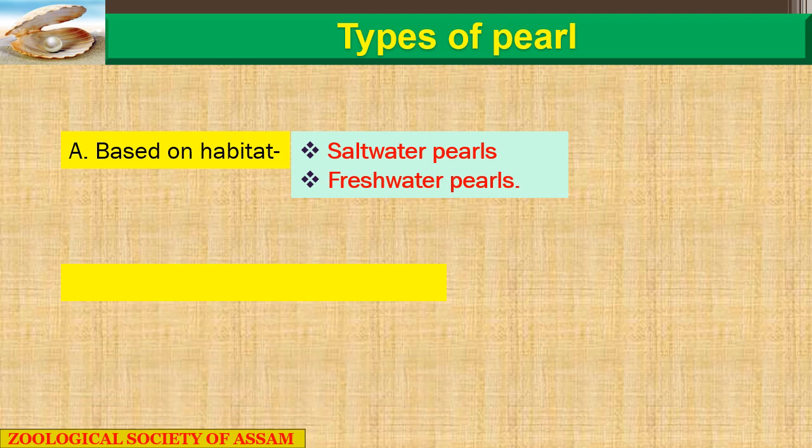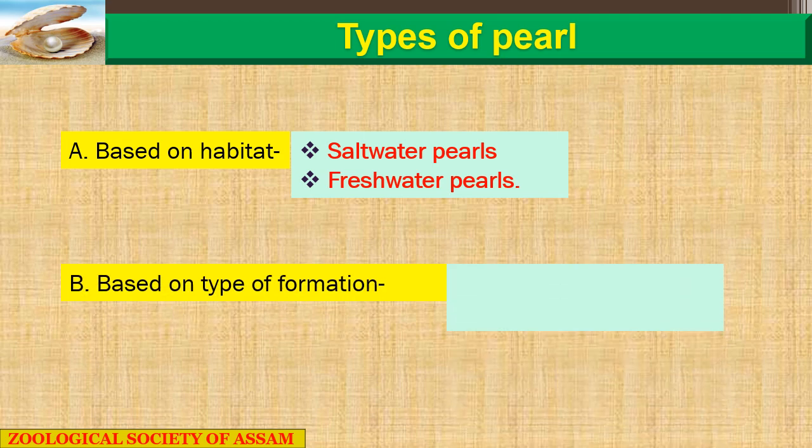The second category of pearl is based on the type of formation. Based on the type of formation, the pearls are categorized as natural pearls and cultured or artificial pearls. These cultured pearls are called artificial because they, though natural, are cultured by men.